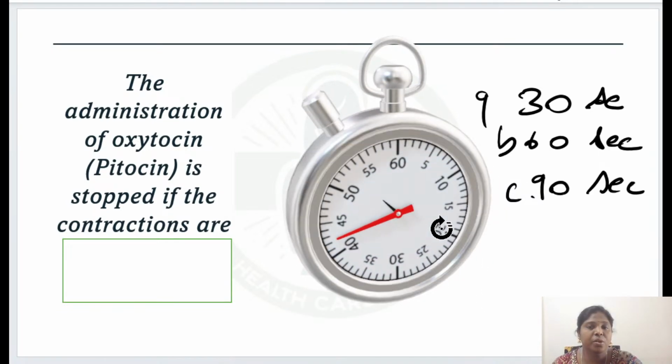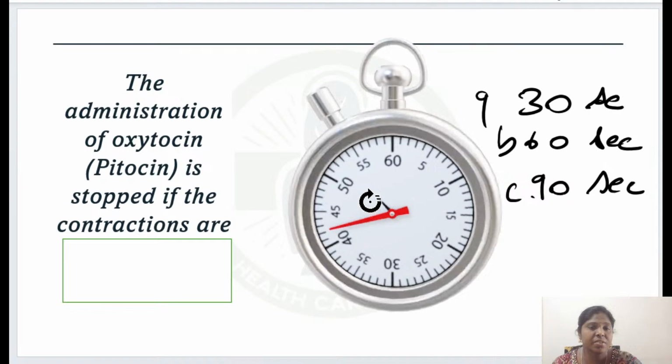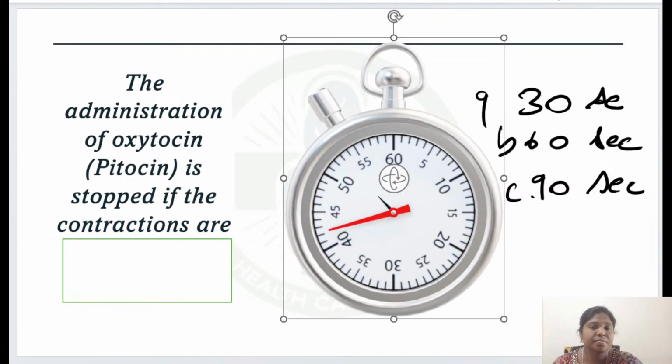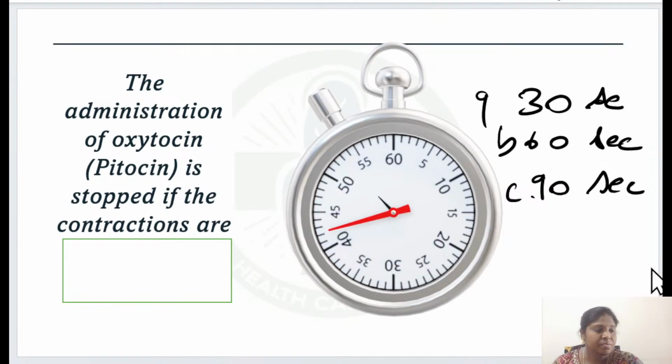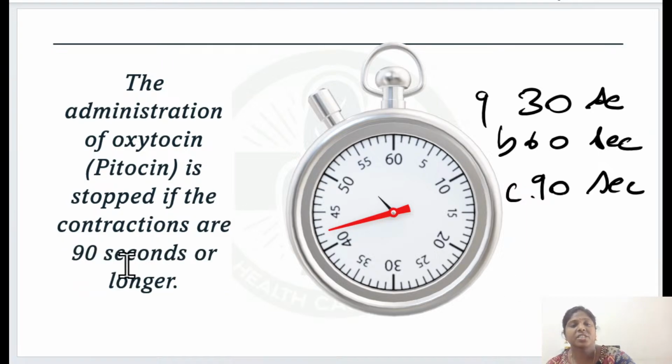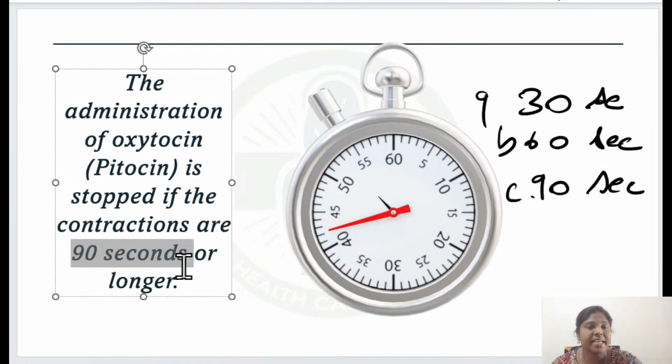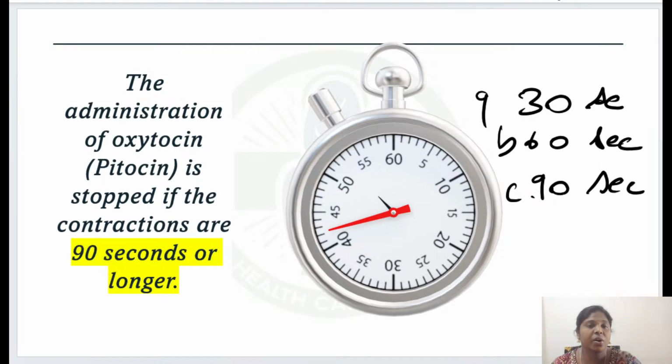The administration of oxytocin is stopped if the contractions are there for 90 seconds or longer. If the contractions are there for 90 seconds or longer, we are going to stop the oxytocin.